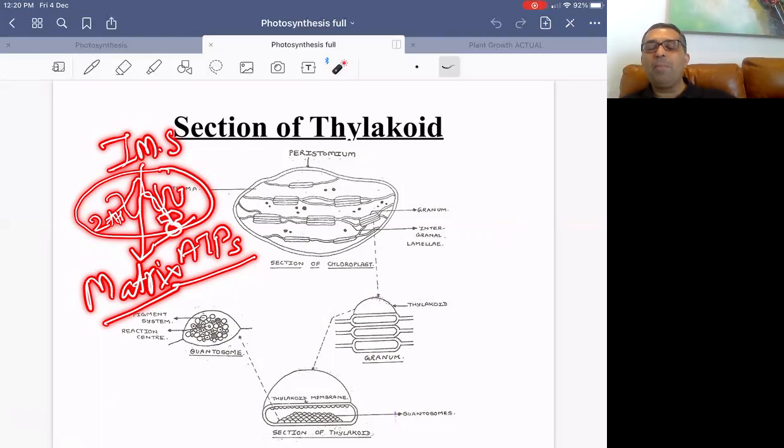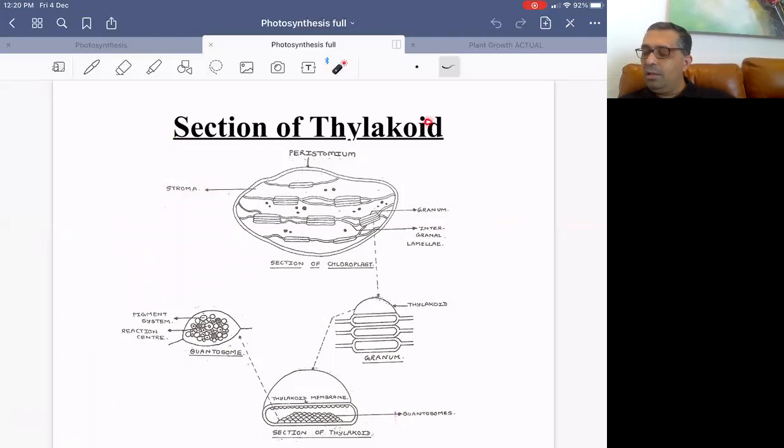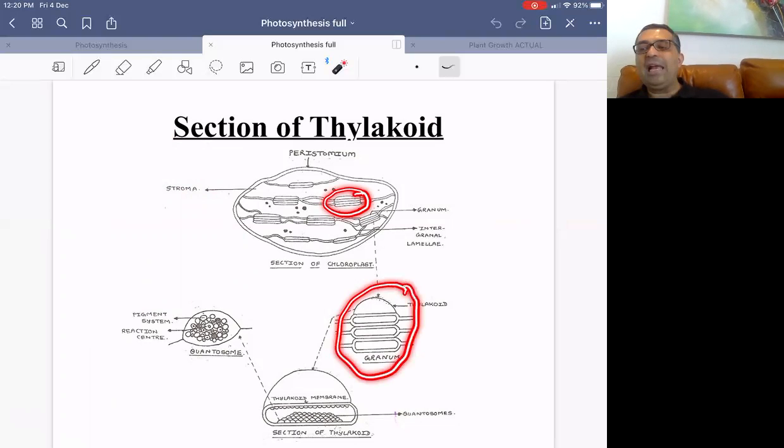A similar chemiosmosis is seen where we have the chloroplast, और chloroplast के अंदर here we have grana, grana के अंदर here we have thylakoid, and thylakoid के अंदर here we have the lumen of the thylakoid.